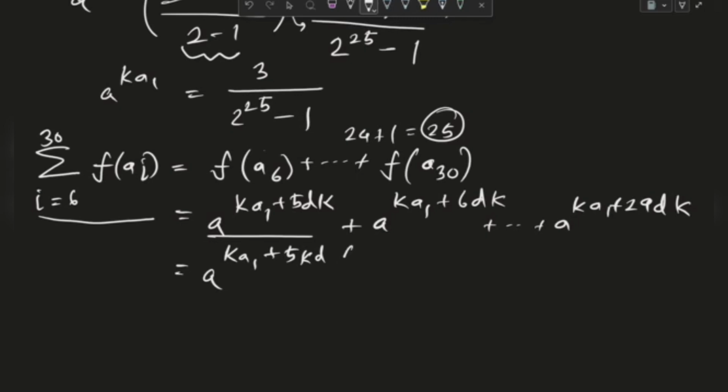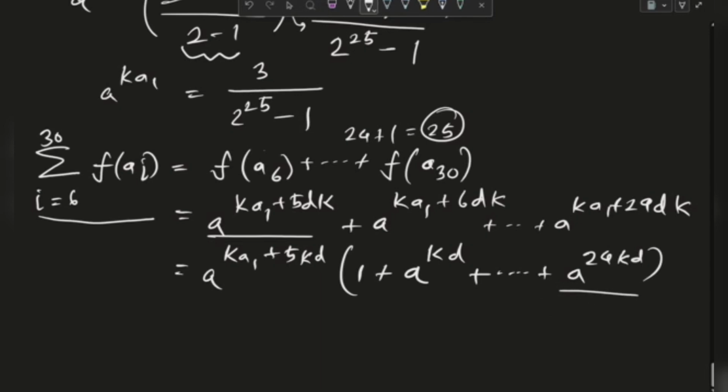So we will be left with 1 plus a power kd plus this will go on up till a power, if we subtract 5 kd, just a minute, so this comes out to be a power 24 kd. Now the sum is actually done.